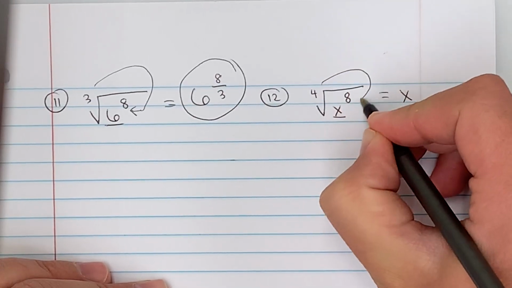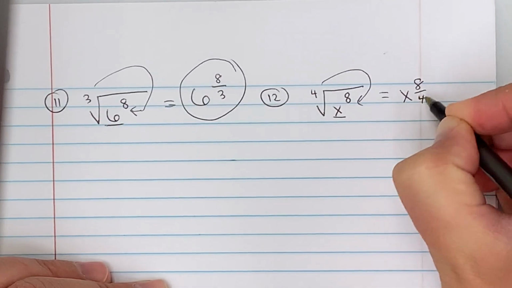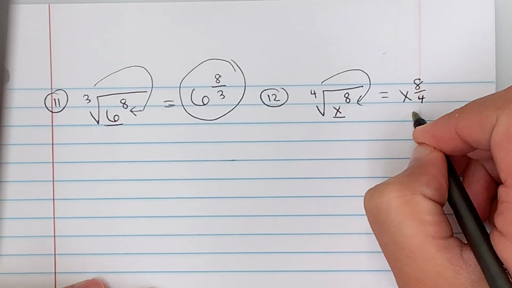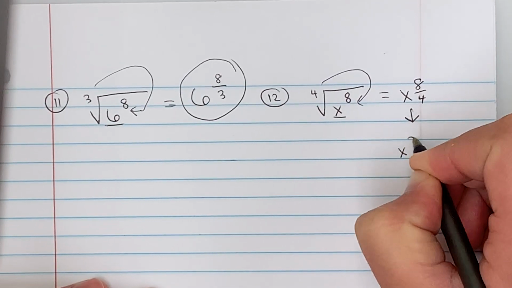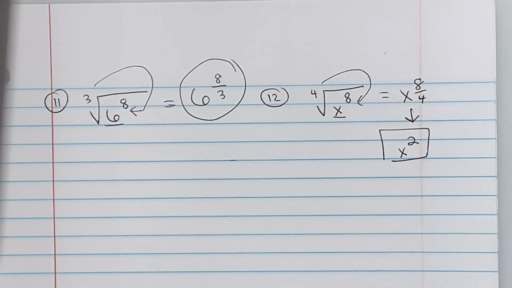The 4 comes around, so we're gonna get 8/4. But now, I can actually say, well, 8 divided by 4 would give me a whole number. So let's do that. 8 divided by 4 is 2, right? So this is the same thing as saying x squared. Those are equivalent terms.